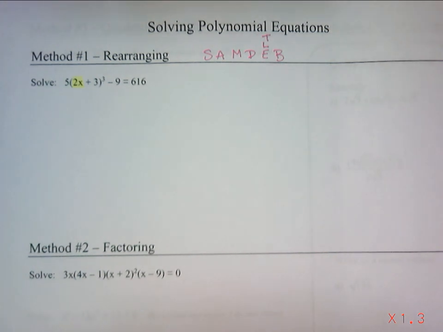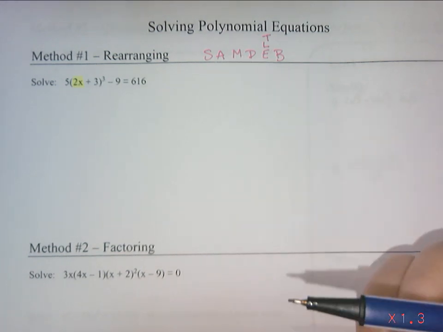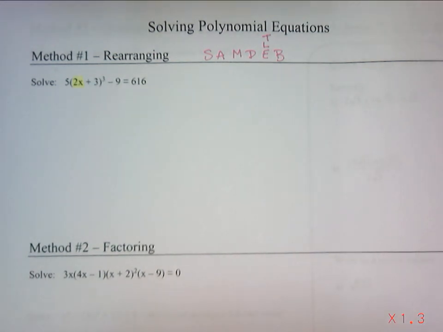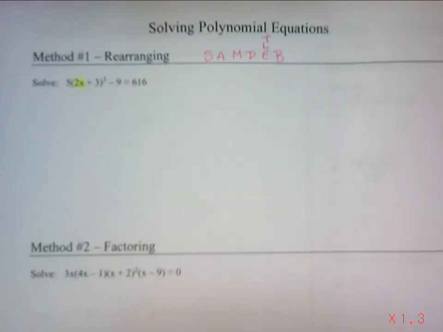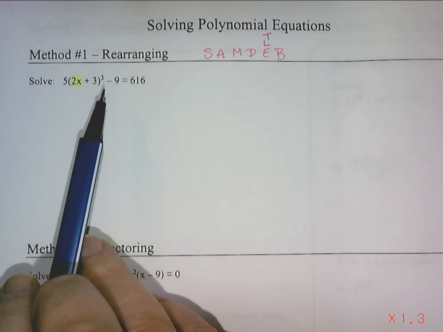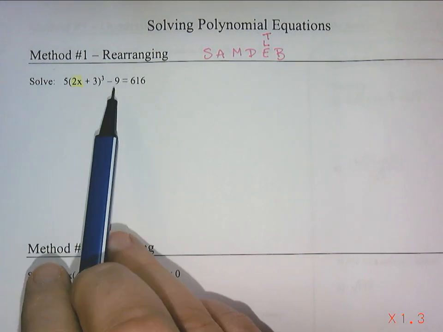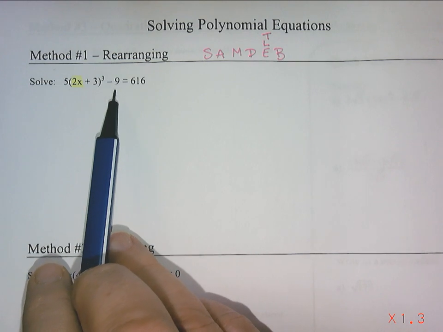If I have this equation, 5 times (2x plus 3) to the power of 3, take away 9, equals 616, the first thing I would like to do is try to move any addition or subtraction that I might have. I notice that I have a plus 3 and a take away 9.